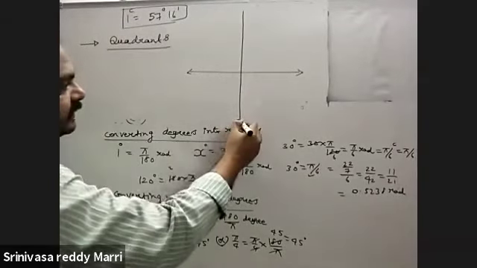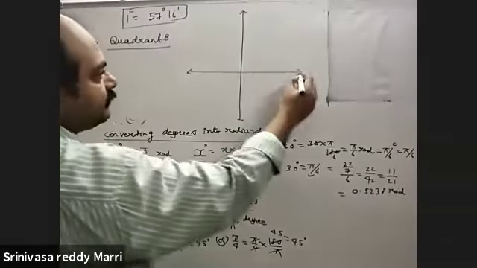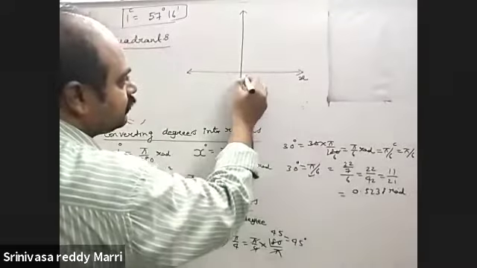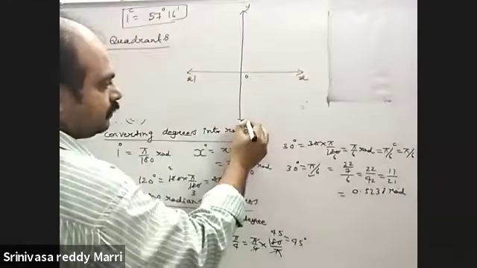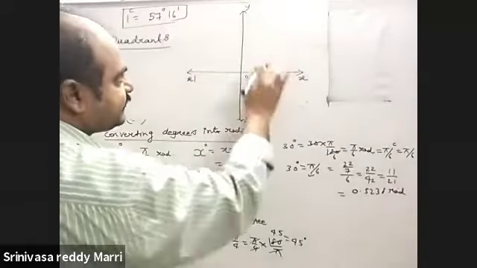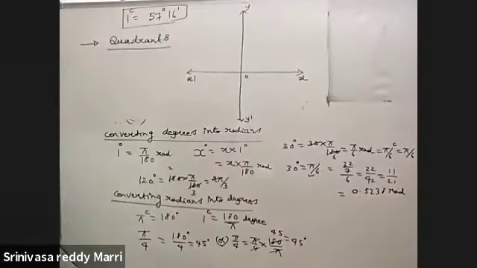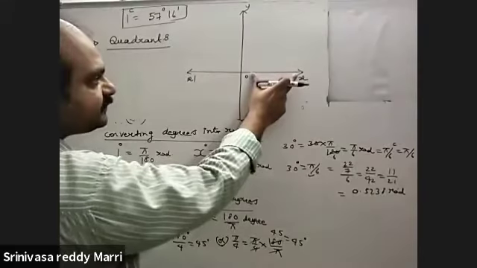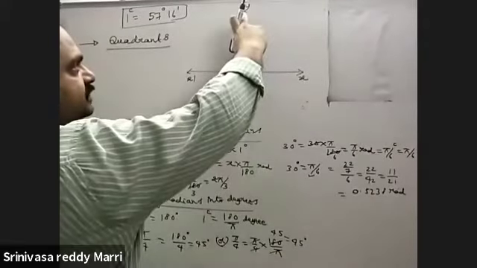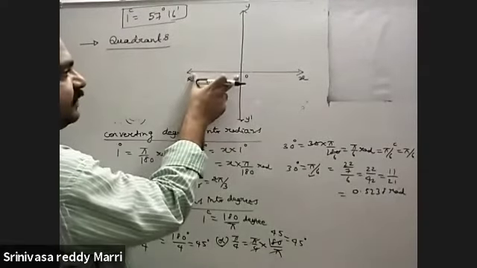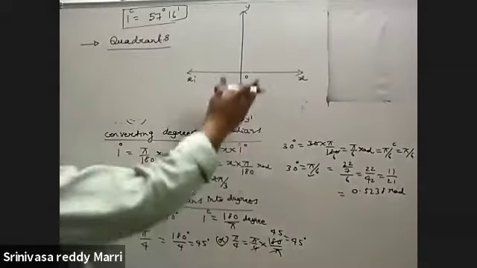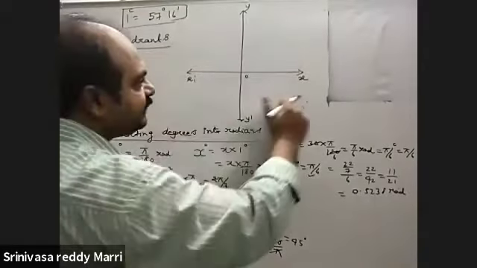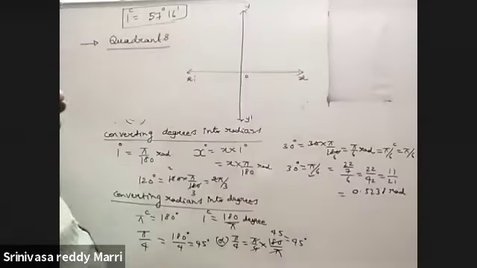Whatever I am drawing is called the XY plane. So this is the positive x-axis, this is the positive y-axis, this is the negative x-axis, this is the negative y-axis. Now, whatever angle measurement is there in this XY plane, we will see.